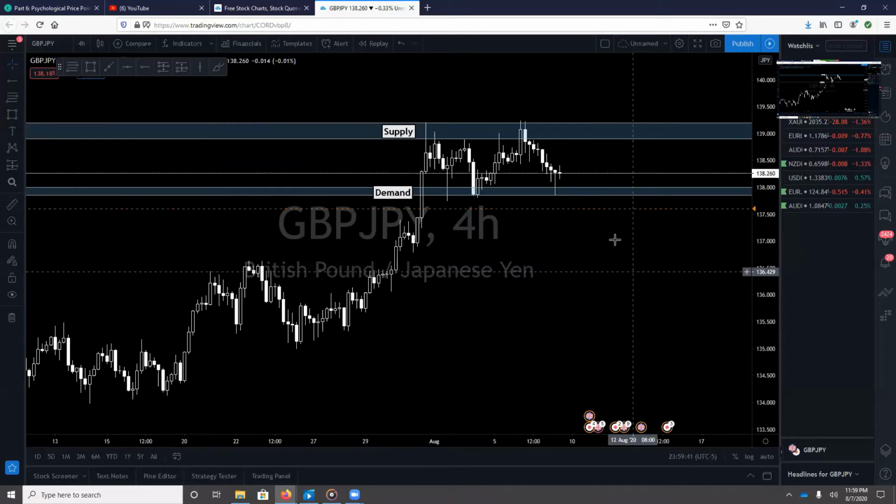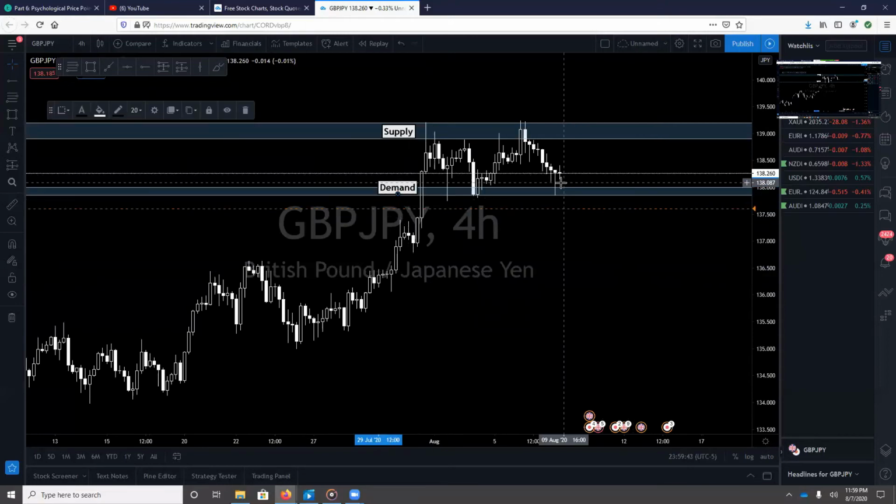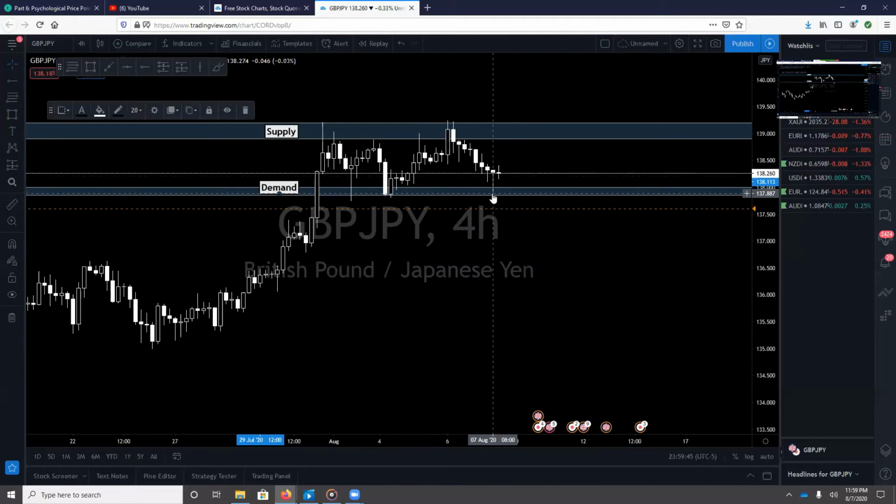There we go. So say price bounced off of here three times essentially, and if we break through this, then all of a sudden this is going to become supply. This won't be demand anymore. This will be the supply if it breaks through it in the next coming week.